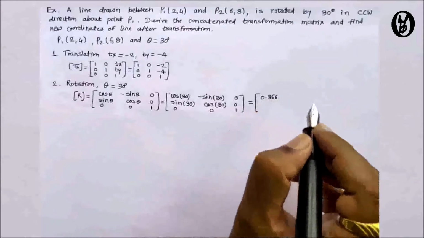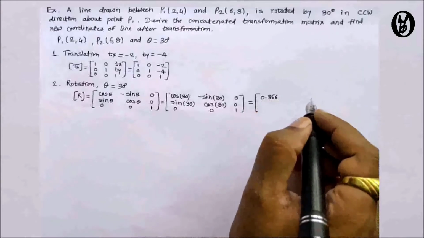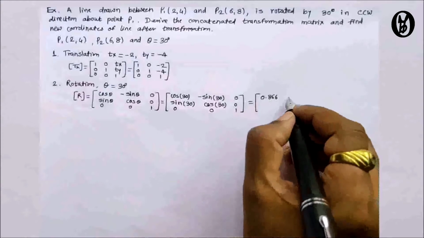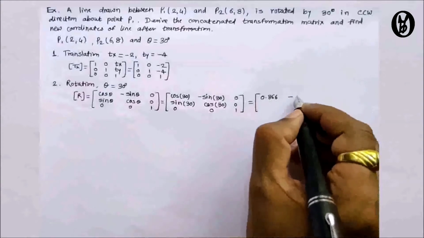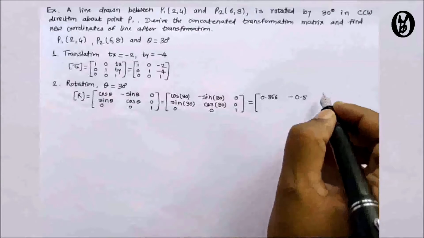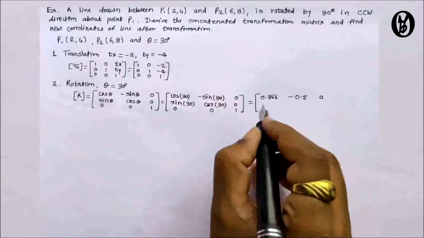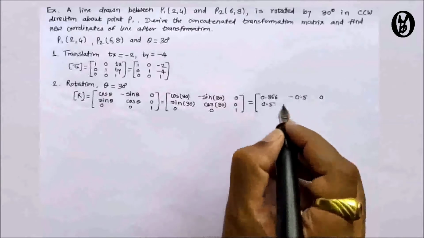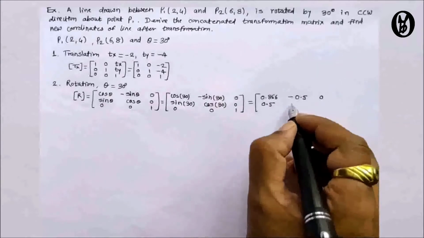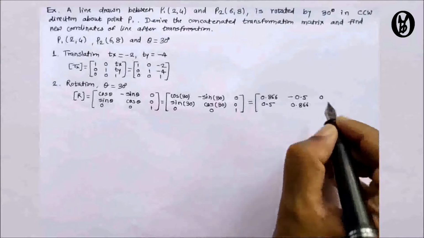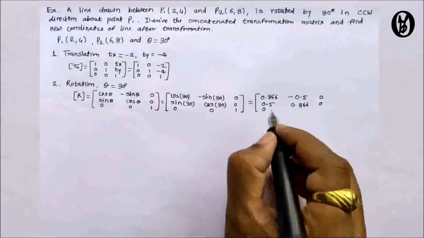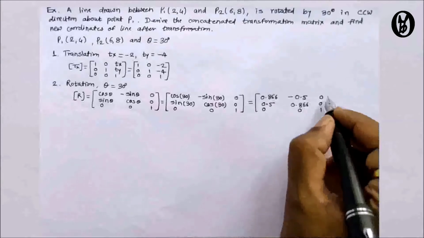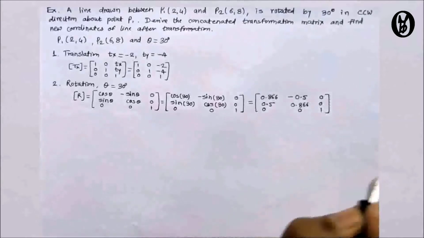Cos 30 is 0.866, sin 30 is 0.5. So the first row is 0.866, -0.5, 0. Second row 0.5, 0.866, 0, and 0, 0, 1. So this is the rotation matrix.